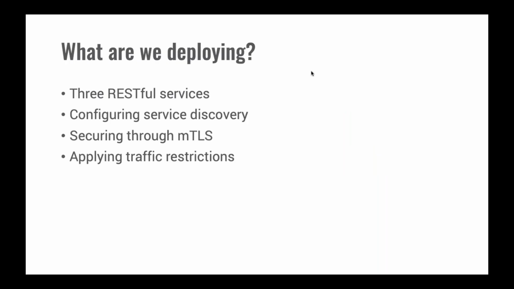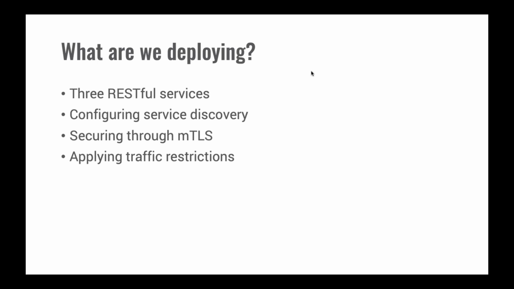So that is about the theory, that is about appreciating the service mesh and a very high level overview and introduction to Consul, but things become much clearer when I jump to the demo. So what am I going to show you? Well, I have 3 RESTful services, not fancy. They are just 3 REST endpoints that do very simple thing. So once we deploy these RESTful services, we are going to configure service discovery.